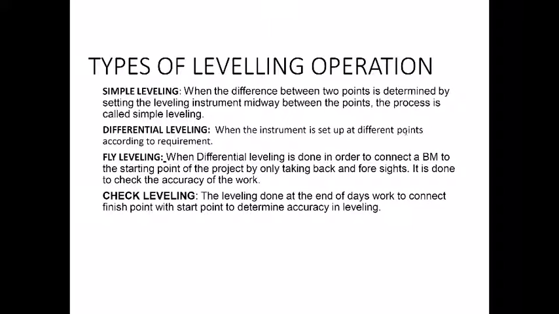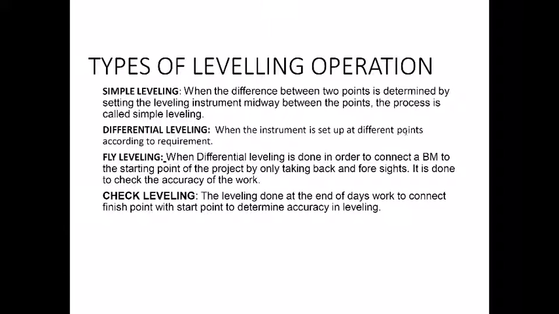And then we have check leveling. So imagine you are working on a closed traverse A, B, C, D, and point A is your benchmark, and its reduced level is 100. Using that, you perform leveling and you find out the reduced level of points B, C, D, which were unknown, right?